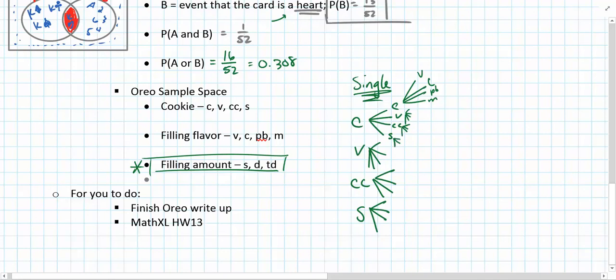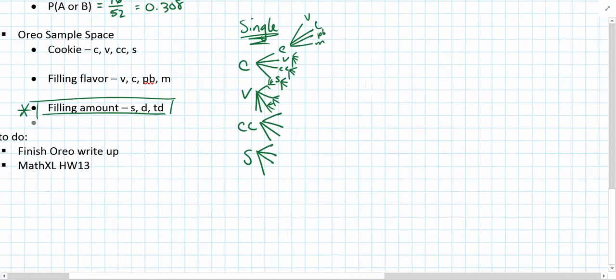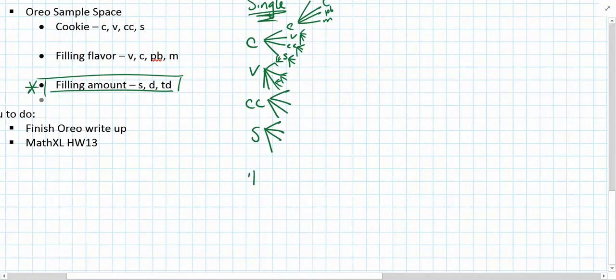Now, obviously, it's very hard to draw all of these, and we probably won't sit here and try to count the end of each of these tails. And so you might recognize the pattern that's used to calculate this result. Since we started with 4 different cookie options for the first half of the cookie, we had 4 different options for the second half of the cookie, and then again 4 options for our filling flavors.